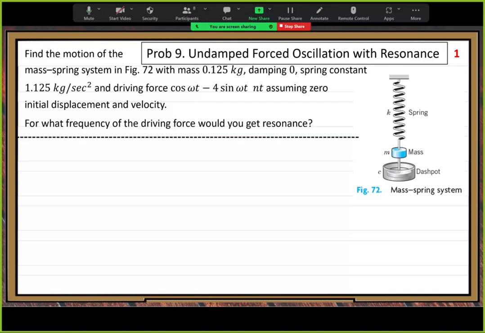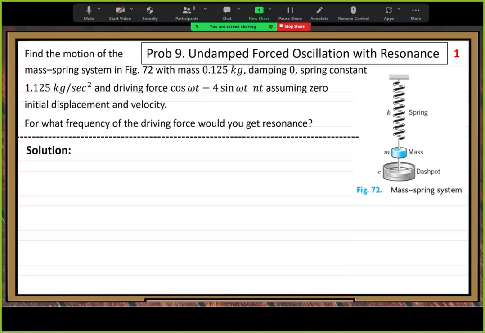We need to change omega to calculate the frequency that causes the resonance problem. So first change the omega. Then let's solve the same problem with this unknown omega.